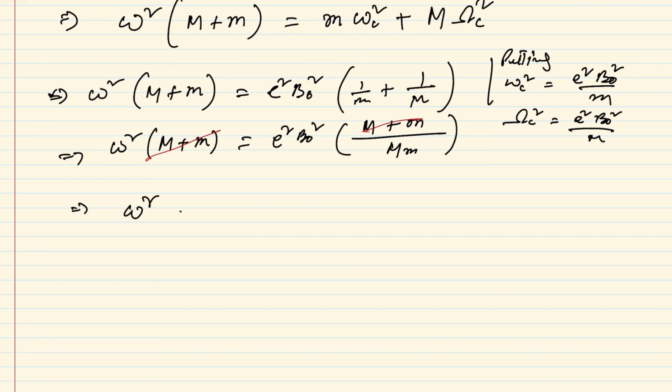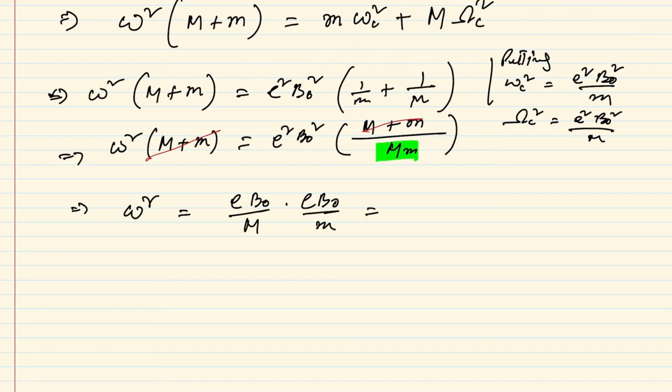Omega square equals E b naught into E b naught. E square b naught square can be written as E b naught into E b naught, and the term 1 by m plus 1 by capital M we can write separately: this is by capital M and this is by small m.